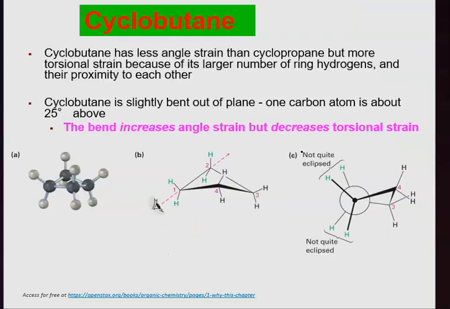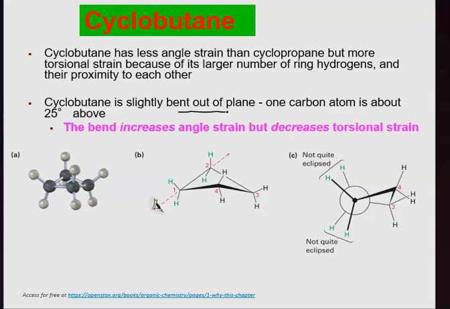Now, in the case of cyclobutane, it has a little bit less angle strain as compared to cyclopropane. The bond angle is 90 degrees, so there is still a deviation from the normal tetrahedral structure of about 19 degrees. However, you can see that it is not a flat structure as was assumed before.